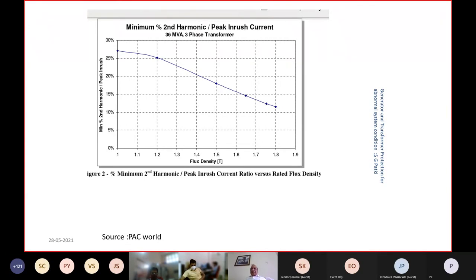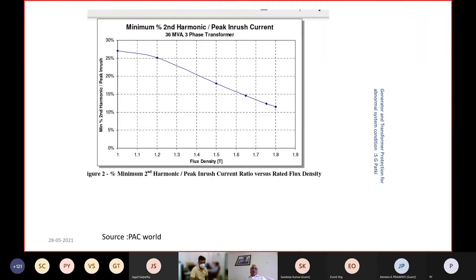Now, why is this a problem? Because the relay has to distinguish between the second harmonic due to inrush current, versus the harmonic current present due to a fault. If there is a transformer winding fault, especially a high resistance winding fault, there will be an arcing type of phenomenon, and you will have distorted current, which will also have second harmonic.